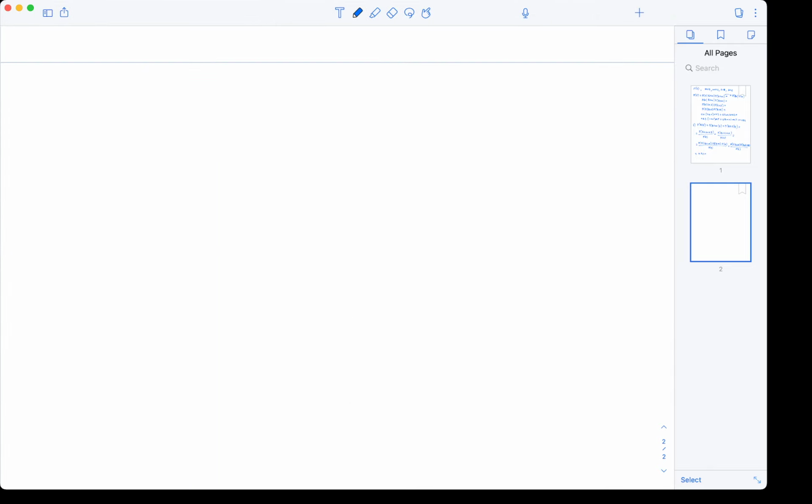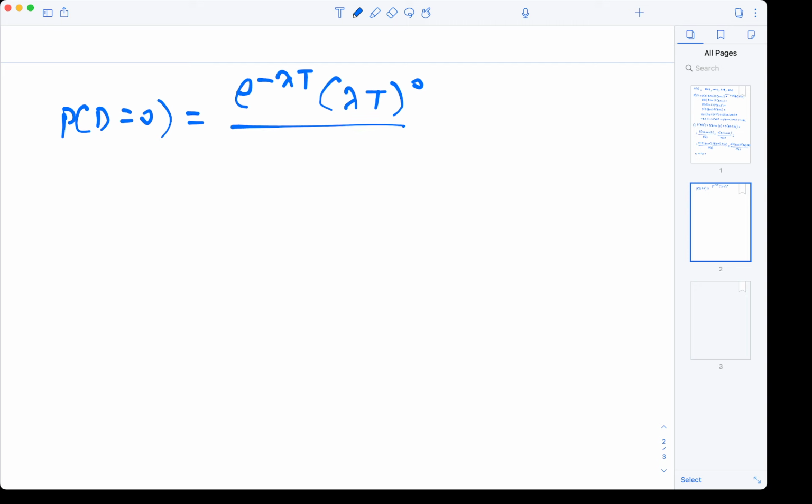So we have the probability of no damages following the Poisson. So we have e to the minus lambda t, raised to the 0 power, over 0 factorial. So that will get us to this probability. And now the question is, how do we find lambda and t? So t is easy, that's 50 years.